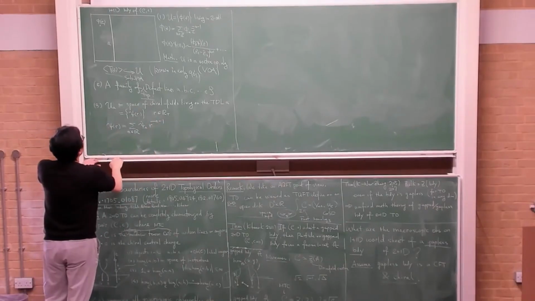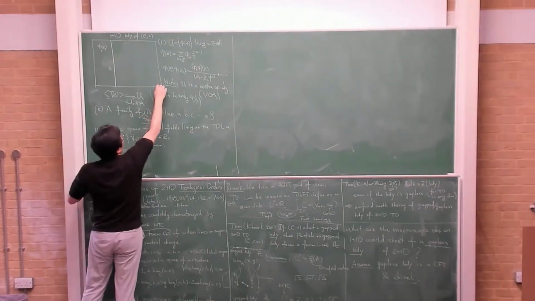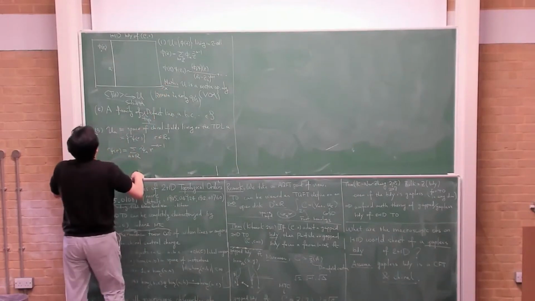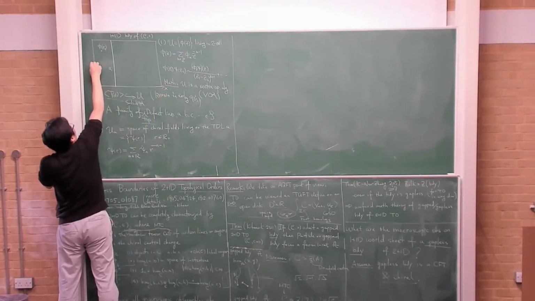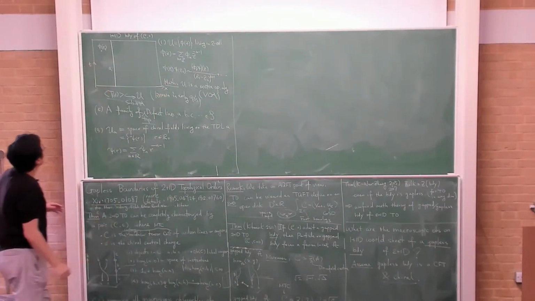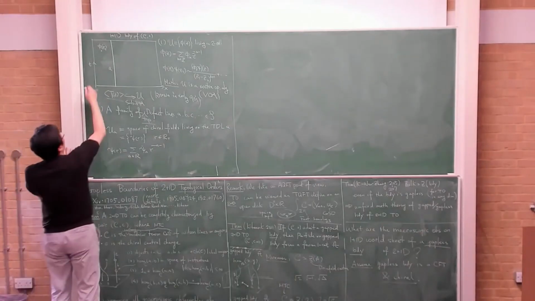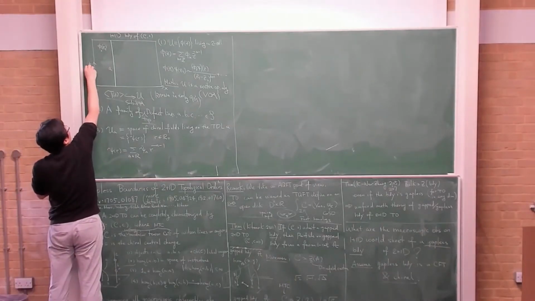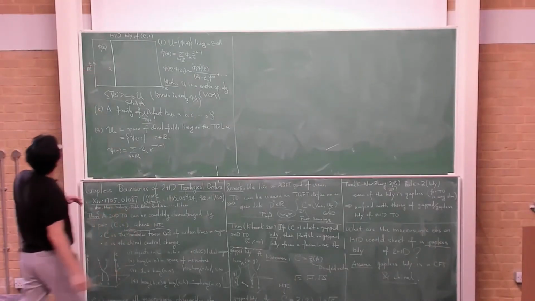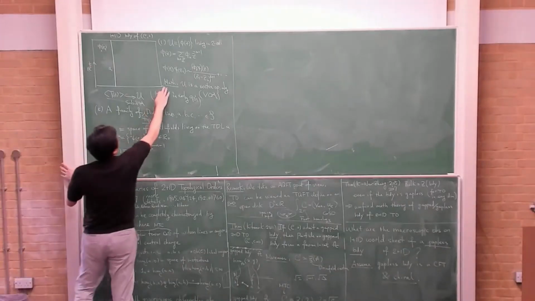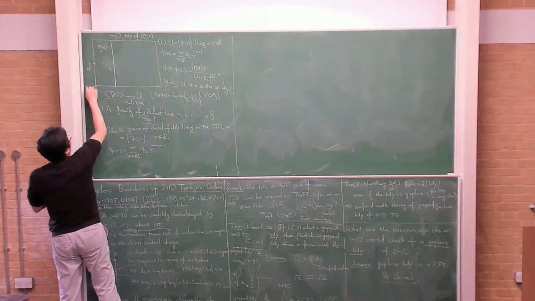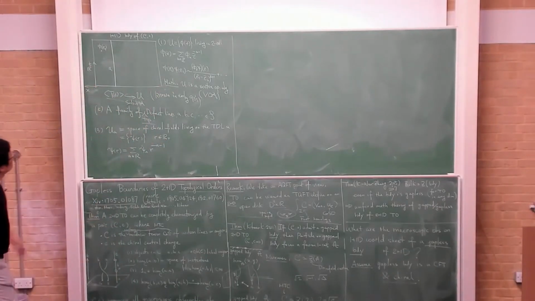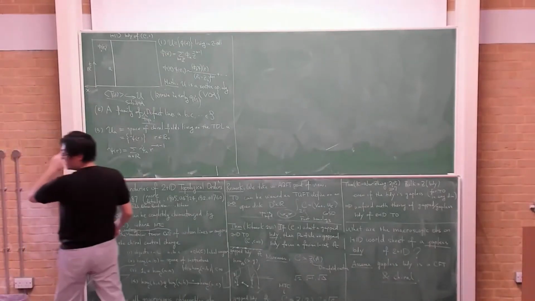Let me use this as the spatial dimension and call this the time direction. I will choose the time direction to be the real numbers, R. Maybe we'll call this x. Yeah, R is the time direction, the real numbers.